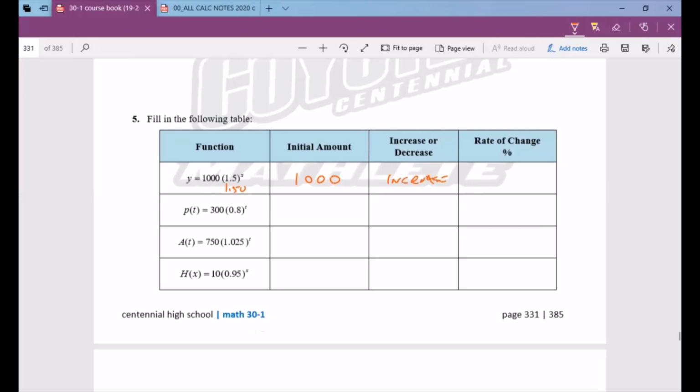The rate of change as a percent, it is increasing 50%. This is 1 plus 0.50. Our initial amount in the second one, of course, is 300, but it is less than 1, so it is decreasing.